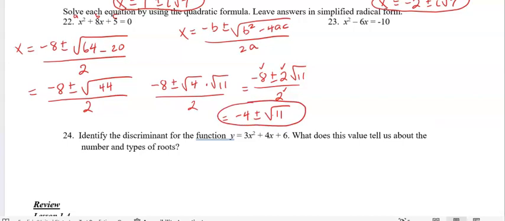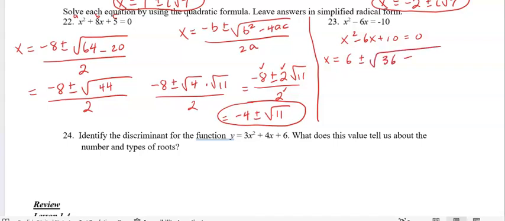All right, and now before you can do the quadratic formula, you need to make sure it's in standard form first. So I need to add 10 to both sides, make it equal to 0. And now we're ready. So the opposite of b, plus minus b squared, minus 4 times 1 times 10, that would be 40, all over 2 times 1.